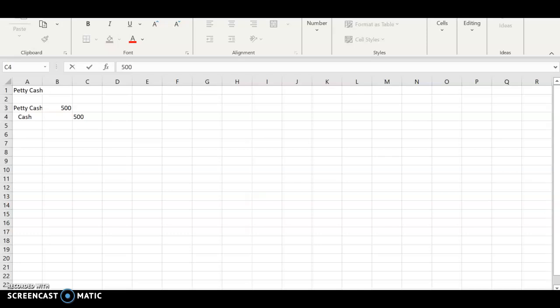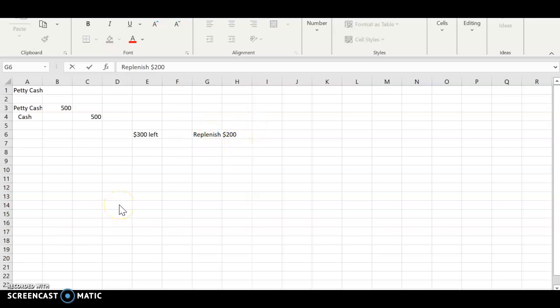Let's say we go and count and see that we have $300 left. No matter what the receipts say, if we have $300 left, we're going to have to put $200 in the petty cash fund to replenish it back to $500. So I've typed up here that we have $300 left and we're going to replenish $200.